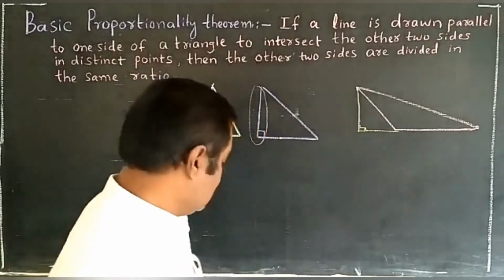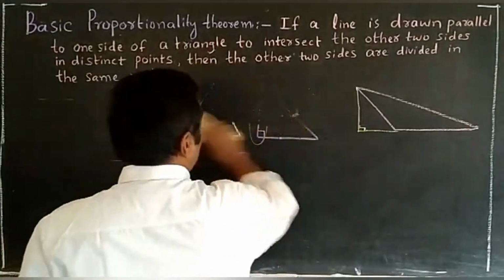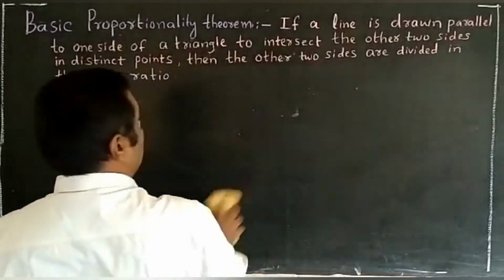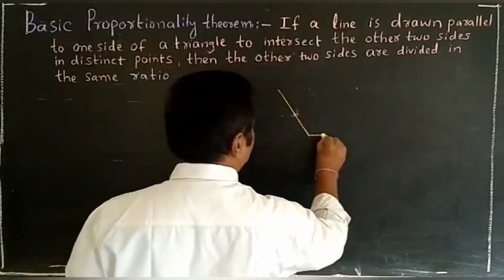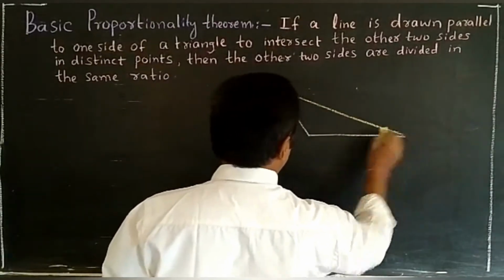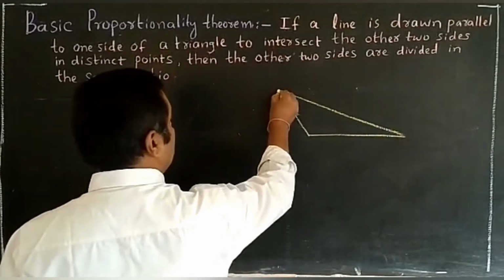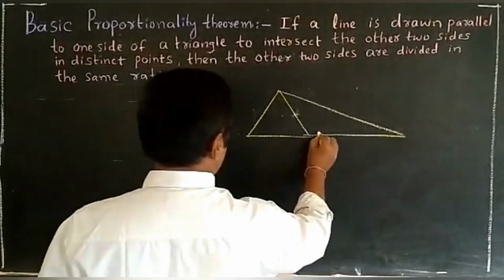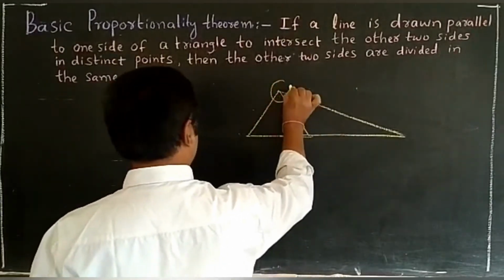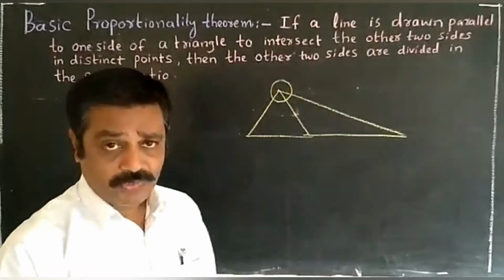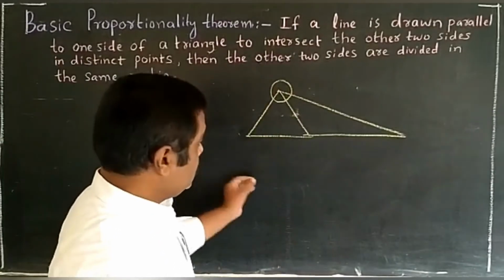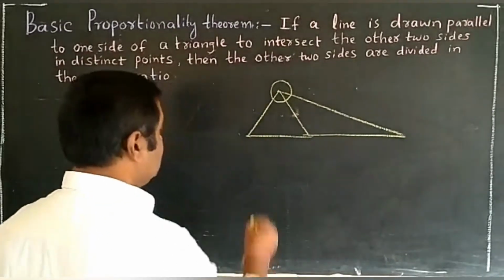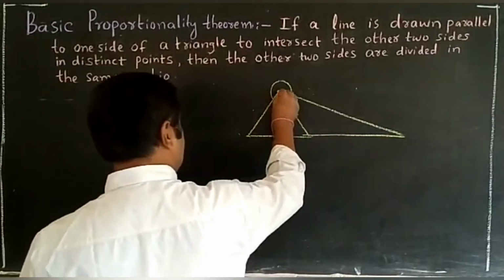We have to remember these three points. I am going to construct one obtuse angle triangle, and here I am constructing one acute angle triangle. These two triangles have a common vertex. I construct the altitude here.